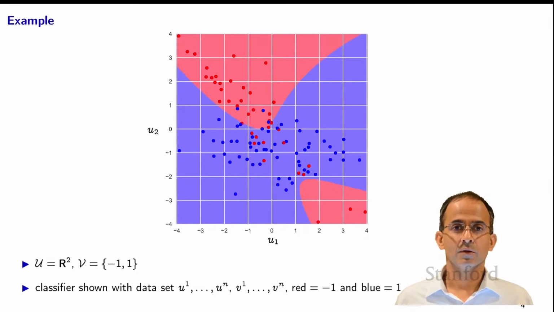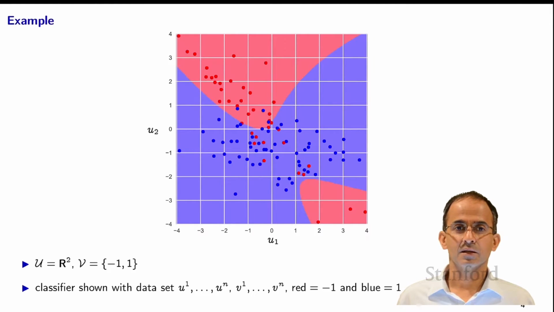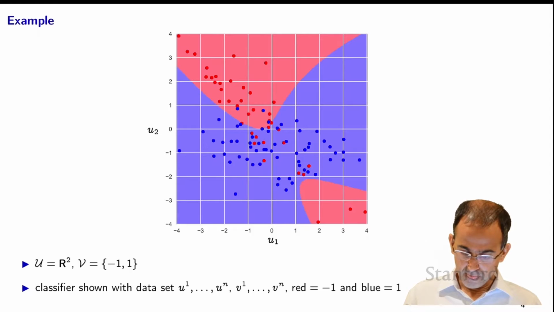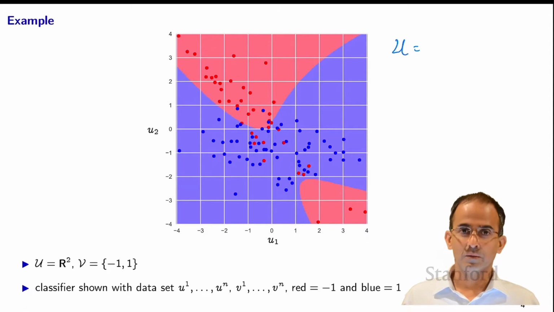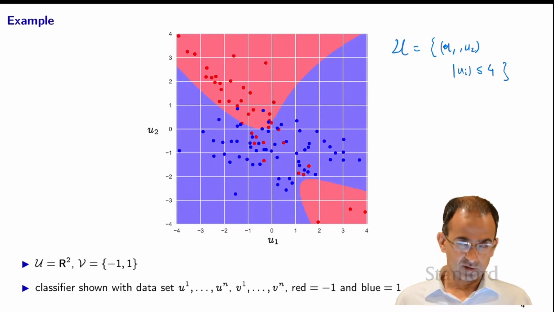So here's an example. Here we have our set capital U as the square, the set of points u1, u2, where I think the absolute value of the components in this example is between -4 and 4.